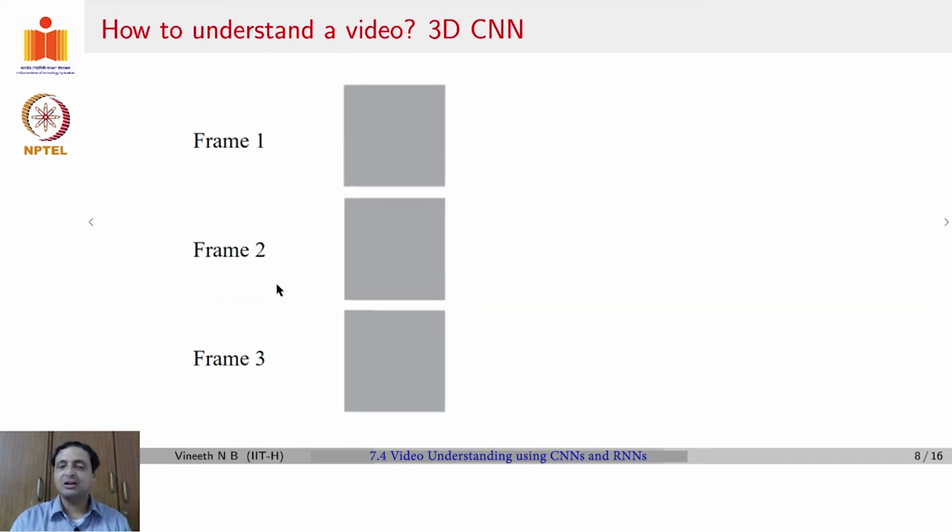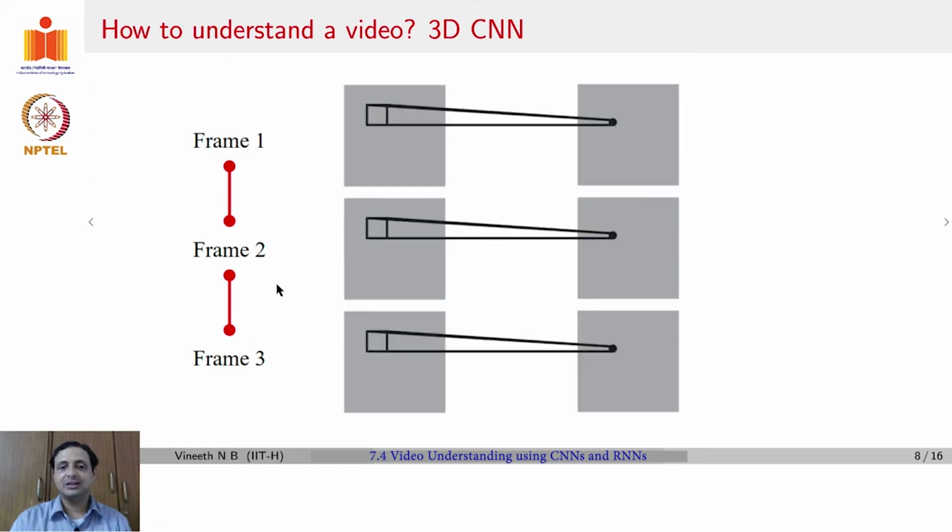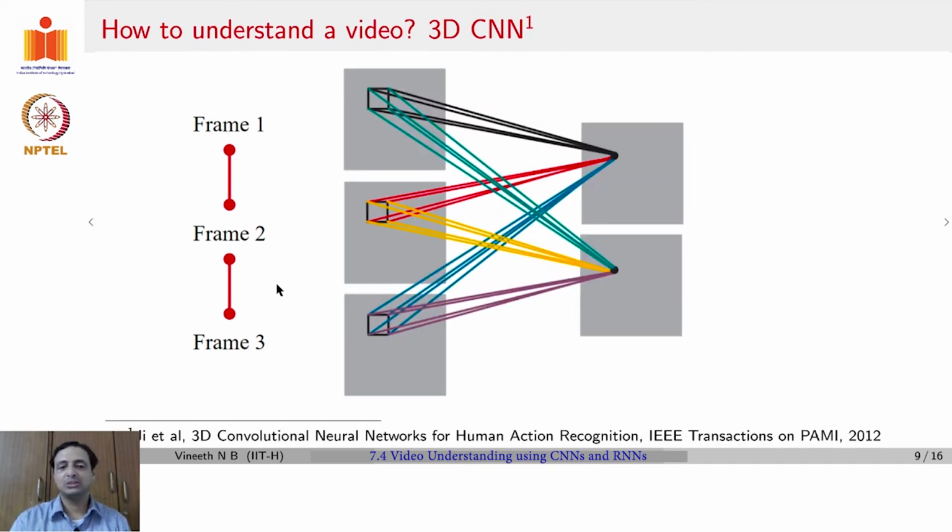As I just mentioned, the idea is to extend convolution to a further dimension. So if you had 3 frames, instead of doing 2D convolution on each frame individually, what we are going to propose is to do convolution across the frames. Let's try to study this more carefully.